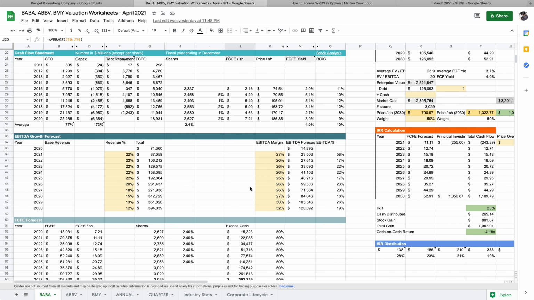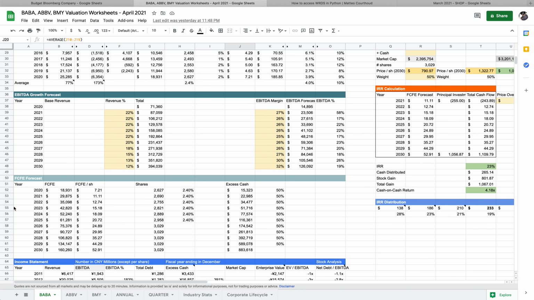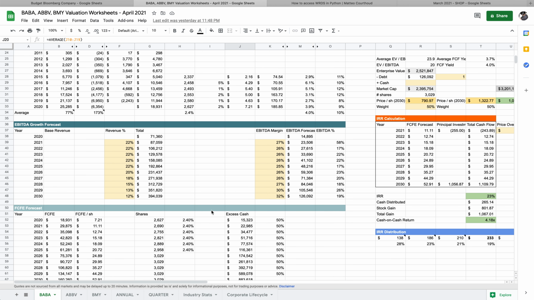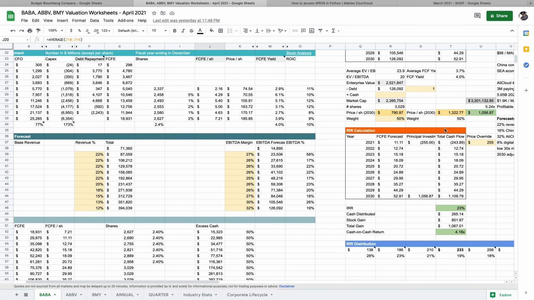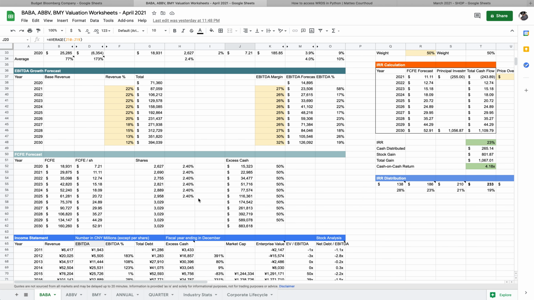One takes the EBITDA forecast and applies a multiple onto it to get a market cap in the future. He then does the same thing for free cash flow: he estimates what free cash flow looks like in the future, assuming a certain free cash flow yield for this company. He backs out another market cap and then weighs both of those to come up with some final answer.